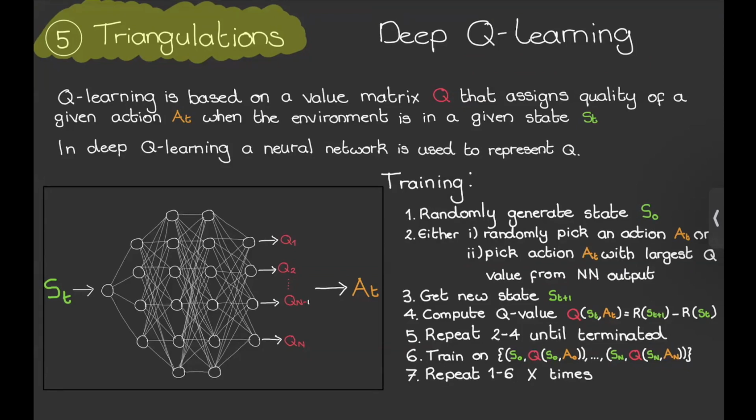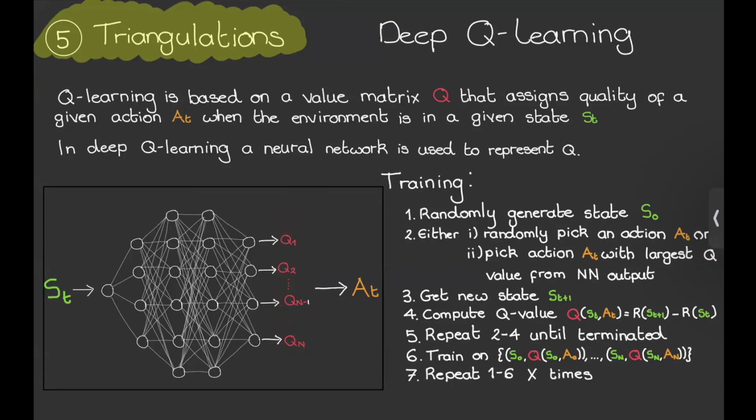And the Q value basically tells you how good that action is. So deep Q-learning is where you use a neural network to represent this Q matrix. The neural network is given some state, and then it will give you a Q value for every possible action in your action space, and then you just take the action that corresponds to the highest Q value.